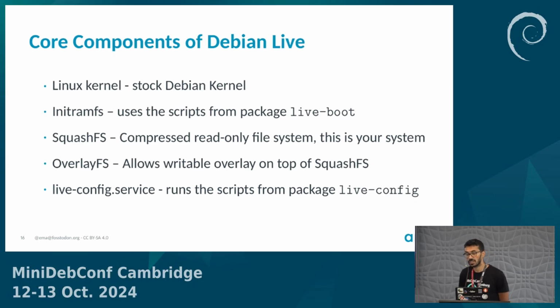However, it's not great to have a read-only file system. You probably need to write something at some point. And to do that, Debian Live creates an overlayfs, which allows you to write on top of the squashfs in memory.